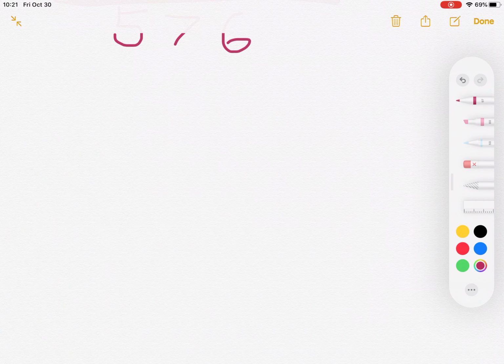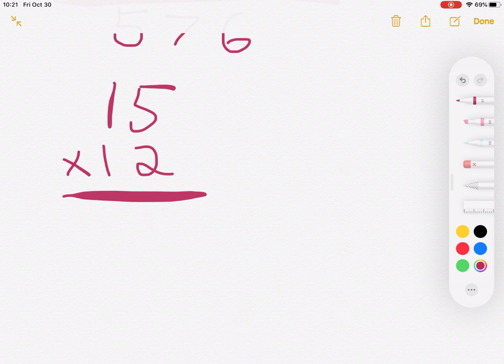So our problem is going to say 15 times 12. So we're going to remember, get this number out of the picture, and then we're going to do across. We're going to multiply across.